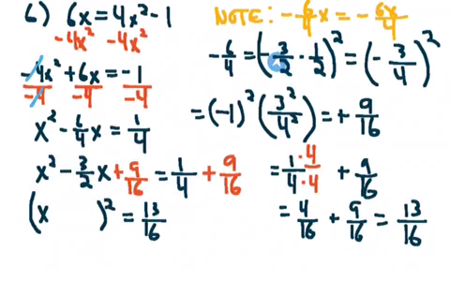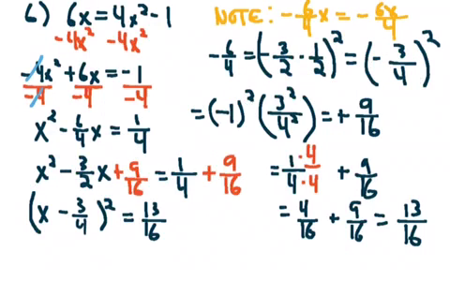We halved it, and then we squared it. But what goes in here is just half the coefficient of x. So half of negative 3 over 2 is negative 3 over 4. So we put in minus 3 over 4.